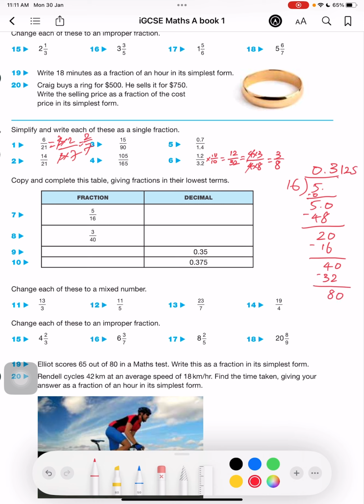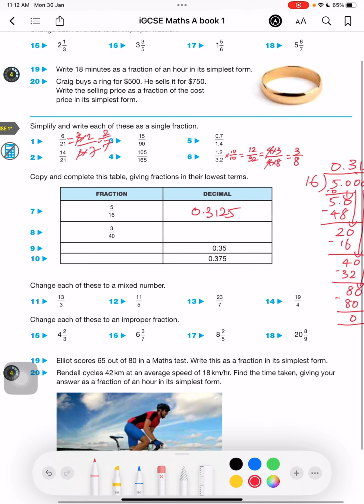And lastly, we get 5, which is just nice, 80, and you get 0. So just a refresher, you bring the 0 here, 0 here, 0 here, and the last one, 0 all the way down to here. So each time that we do not get the answer 0, we proceed on to the next point. So therefore, for the first decimal in the table for question 7, 0.3125.